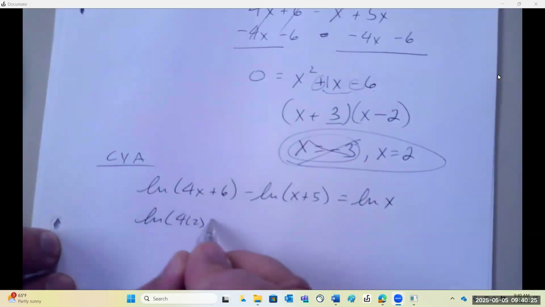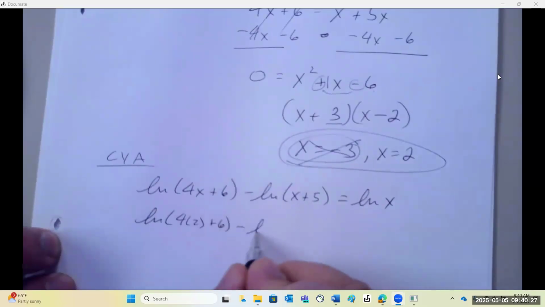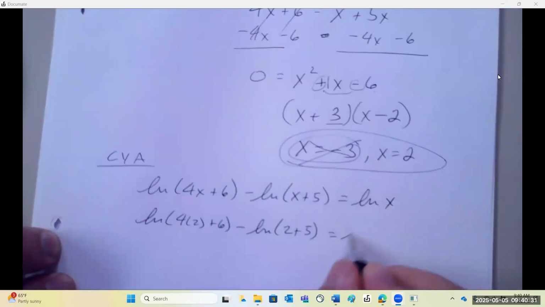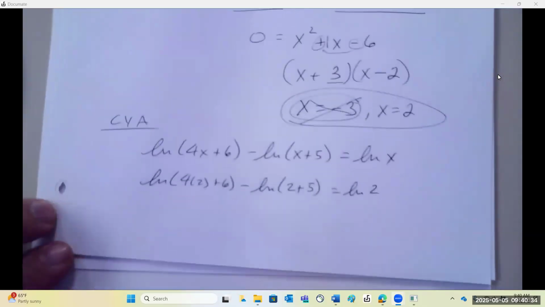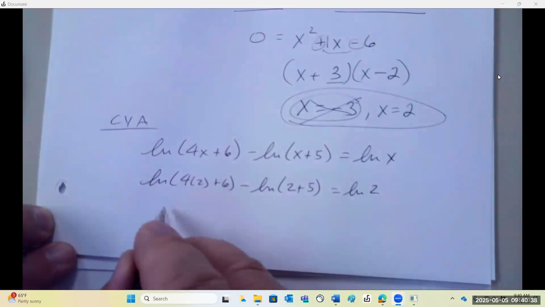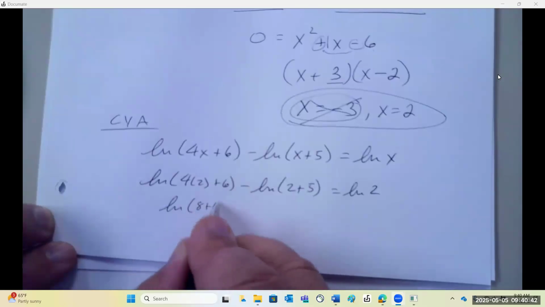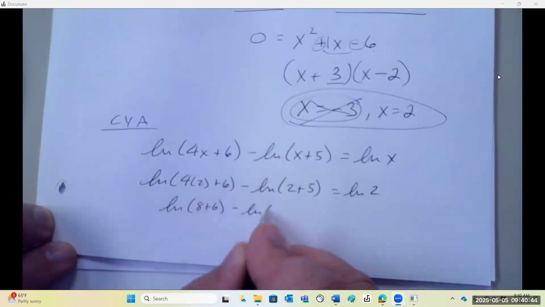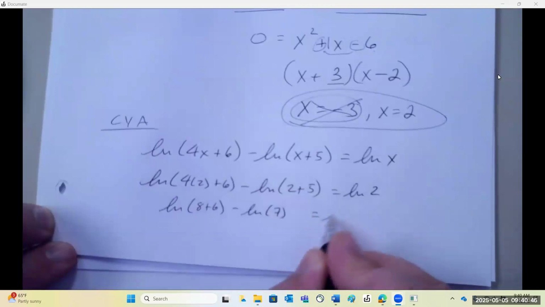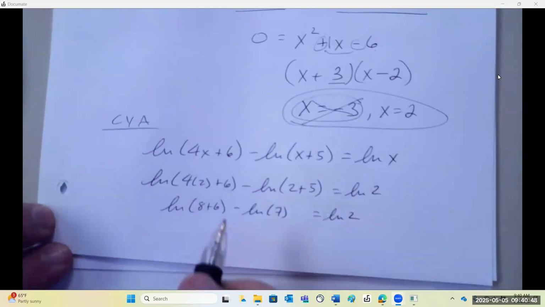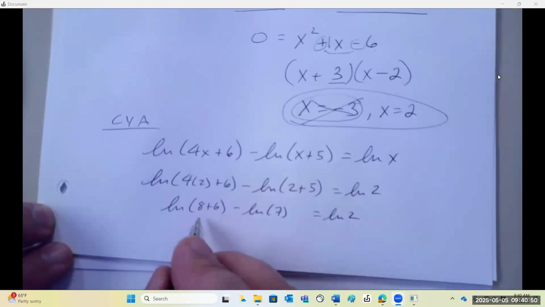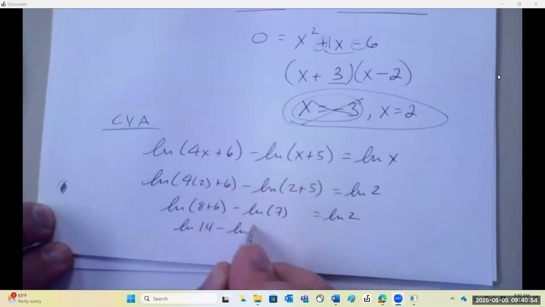4 times 2 plus 6 over 2 plus 5, ln 2. So we got ln 8 plus 6 minus ln 7, ln 14 minus ln 7.